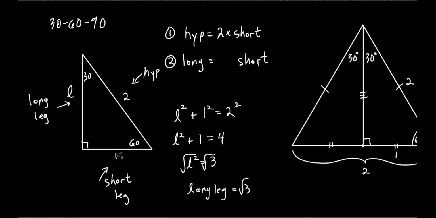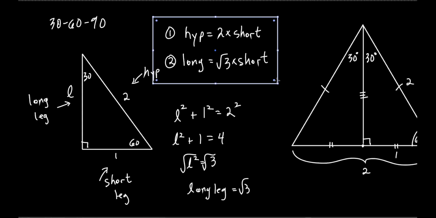Would you agree? Because it's square root of 3 times 1, which is square root of 3. So the long leg is the square root of 3 times, I'll put a little X right there, times the short leg. This is the thing that you need to know about 30, 60, 90 triangles. Everybody with me on that?